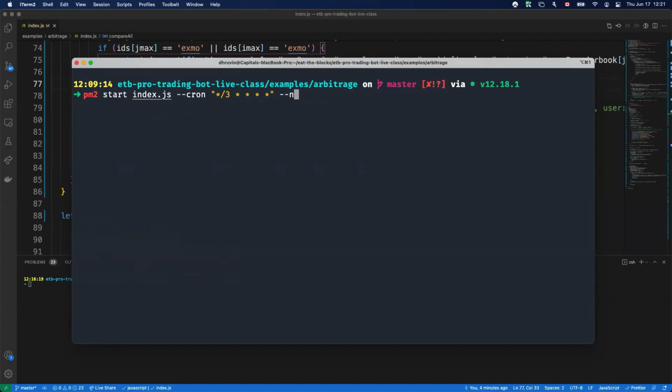Then we don't want to auto start. This is a very important argument to give while running this process, so that the bot doesn't auto start again if it finished before 3 minutes. That's how you can specify that.